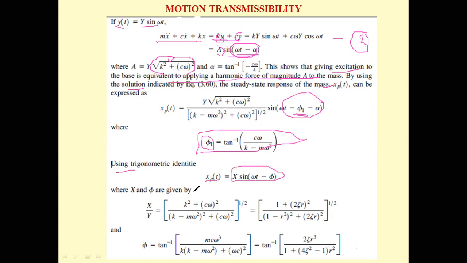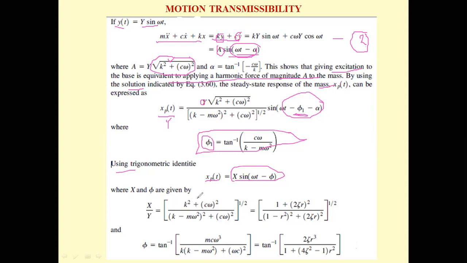So we get X upon Y. So this is the value of X. If we put this value in this equation, we get X upon Y is equal to, both are square roots, so raised to 1 by 2, k square plus (c omega) square upon (k minus m omega square) whole square plus (c omega) whole square.